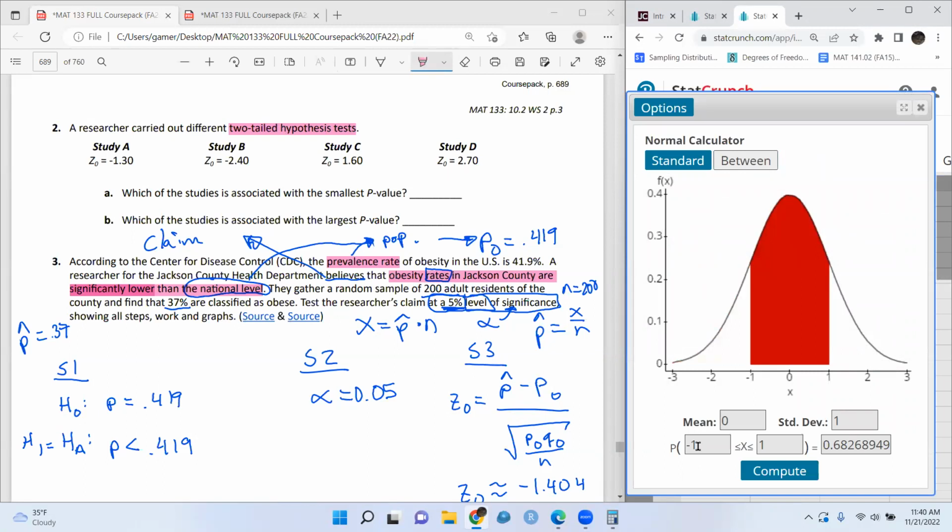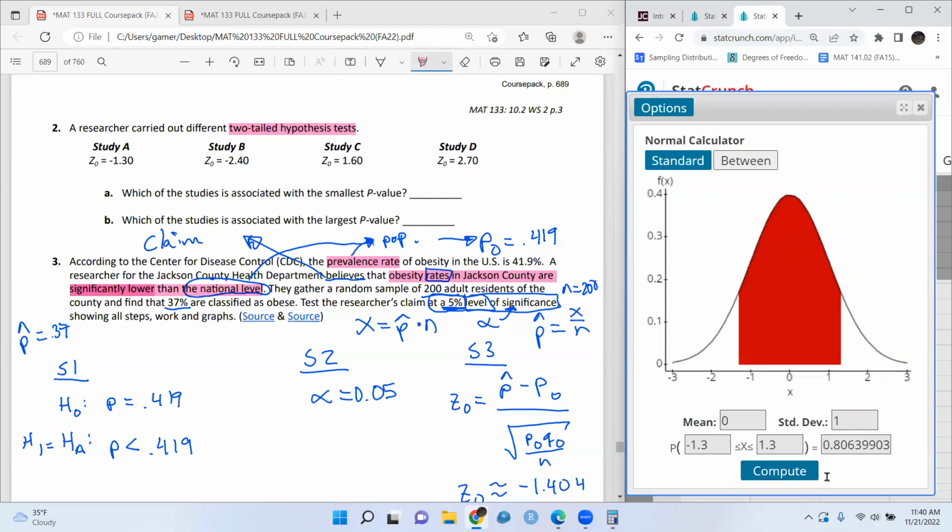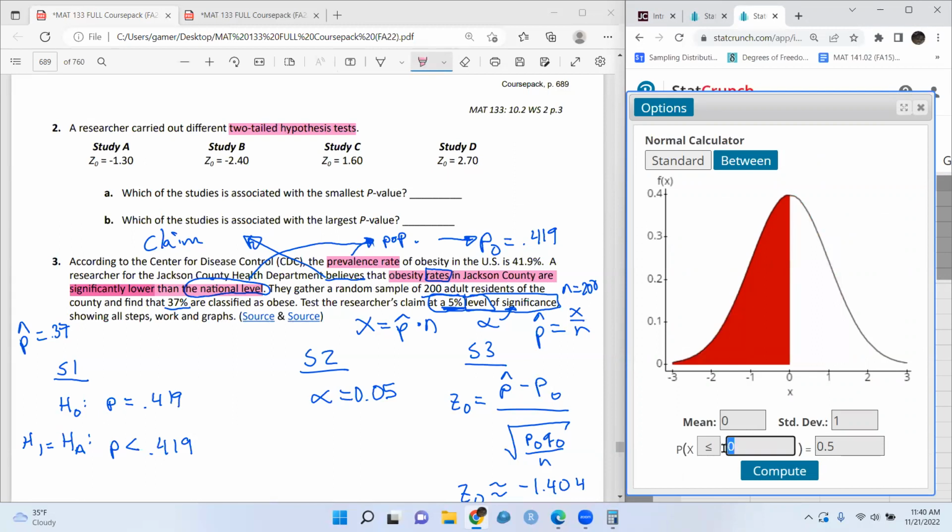Let me just show you something you could do with this. This is a between. So we could put in a 0.13 and a 0.13 in here, and we could actually calculate the area. Now this is problematic, so we don't have to do between. We could just do less than negative 0.13. This has a p-value of 0.097. Y'all with me on that?